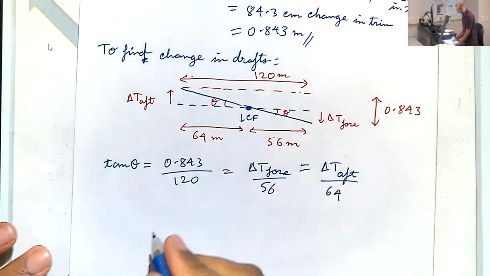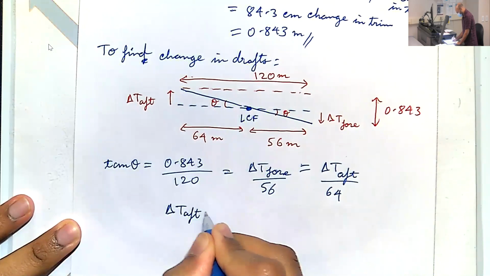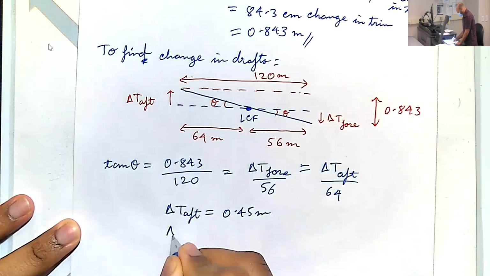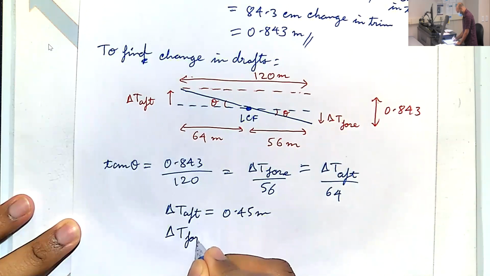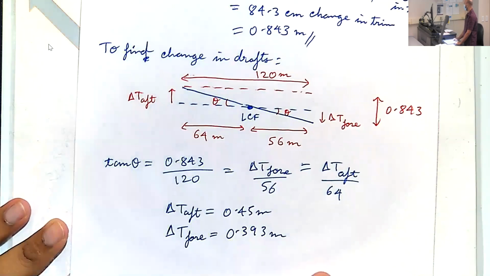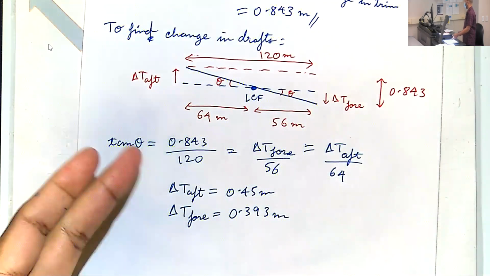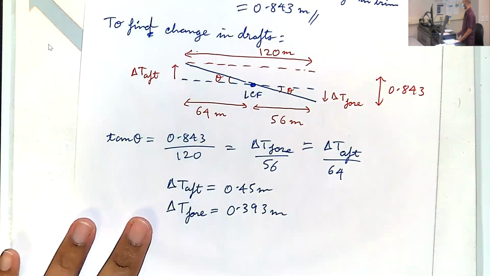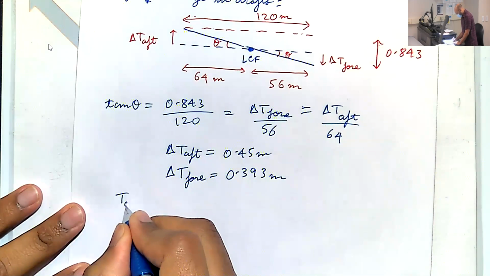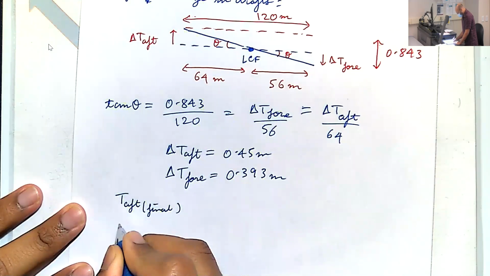So with this, we can compute the change in drafts. All right. So once we determine the change in draft, we know how to compute the final draft. So draft final, T aft and T fore.